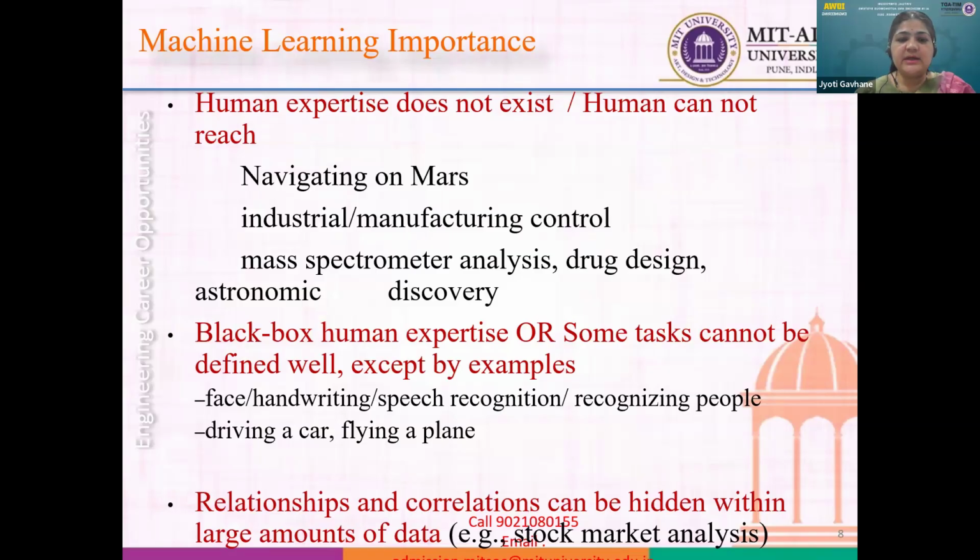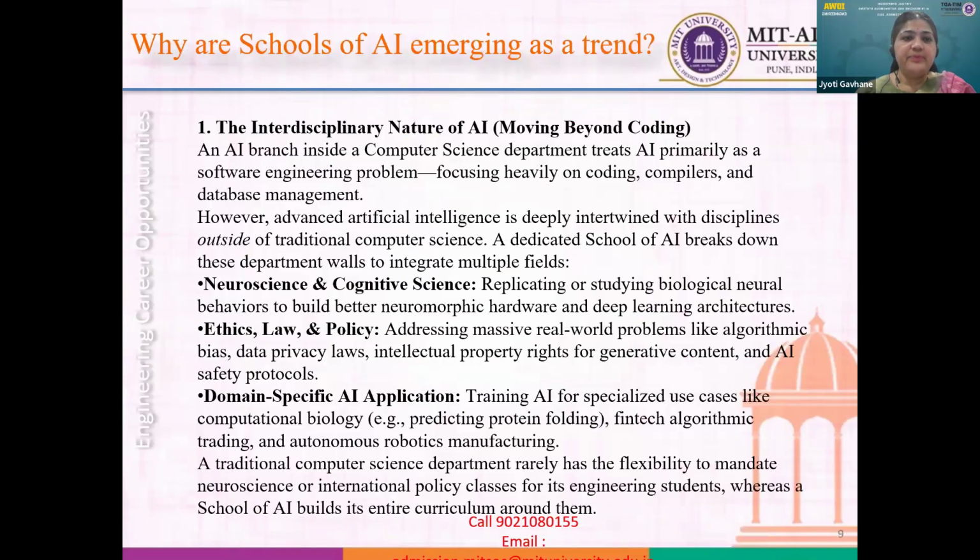Some examples are face and handwriting recognition, speech recognition, recognizing people, driving a car, flying a plane. Unless I understand these things, it is very difficult to mimic them in a system. So with the help of AI, we are trying to establish the relationship and correlation amongst hidden and large amounts of data.